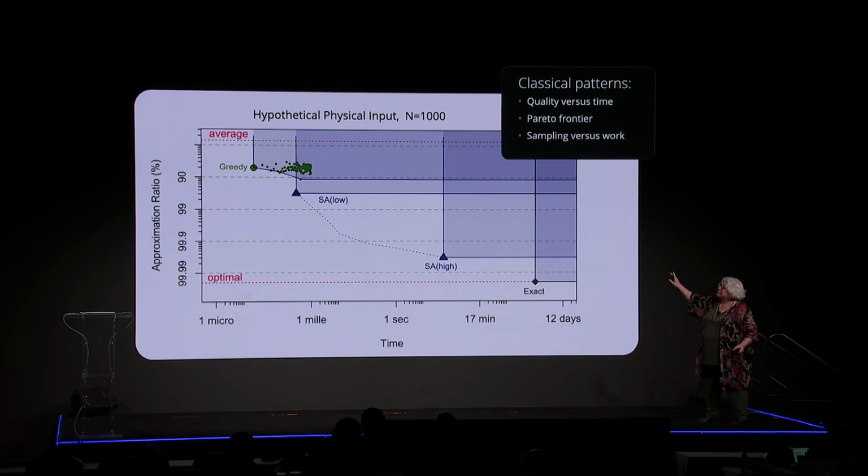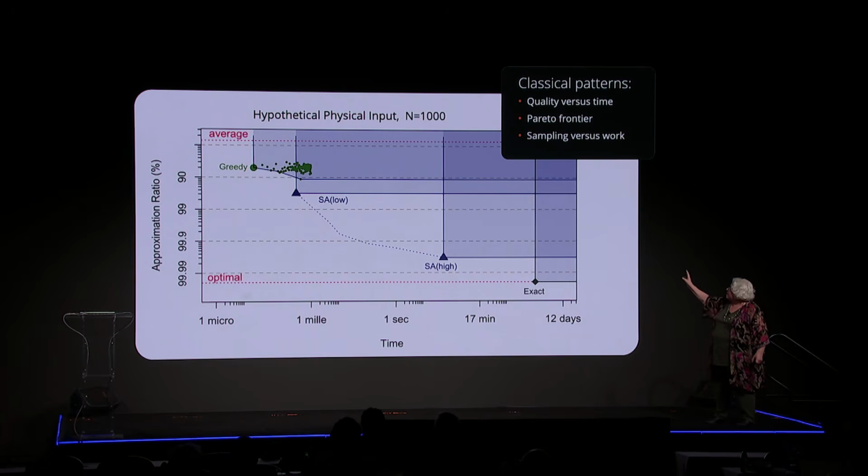So imagine this is a hypothetical physical input. It can be Chimera or Advantage. It's got 1,000 variables, 1,000 qubits. And what we're normally used to seeing in optimization work is a trade-off between the quality of the solution, and it doesn't really matter, I just picked approximation ratio, where lower is better, and computation time.